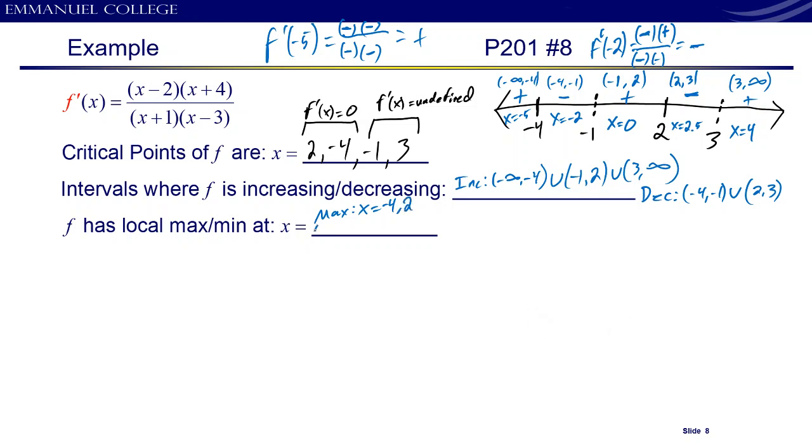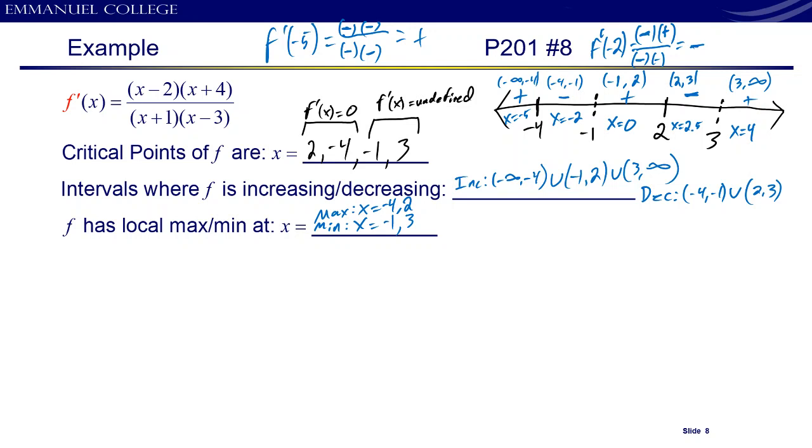And so then we're going to have a minimum at x equals negative 1, because we go decreasing to increasing here. So negative 1. And then from decreasing to increasing at 3.